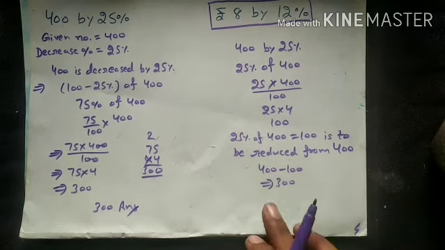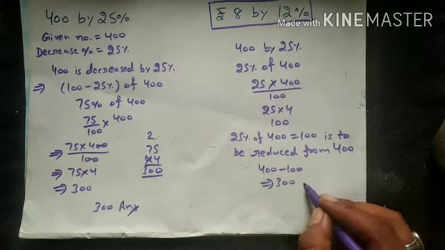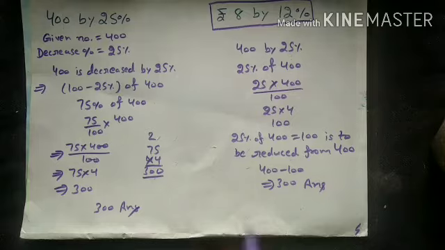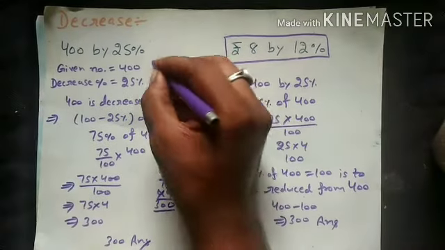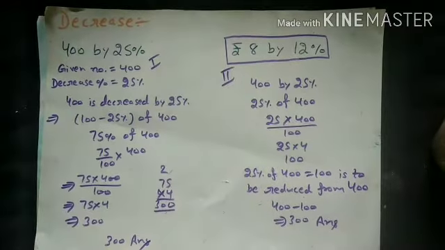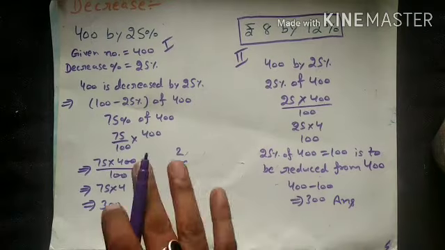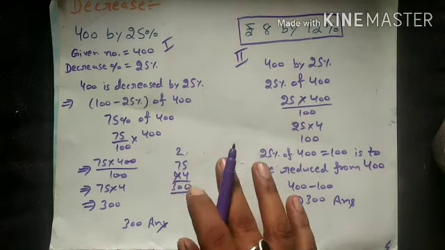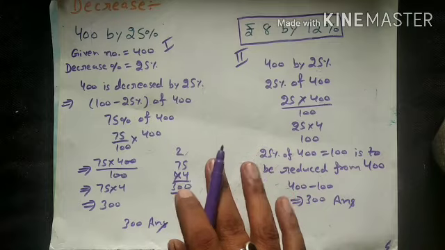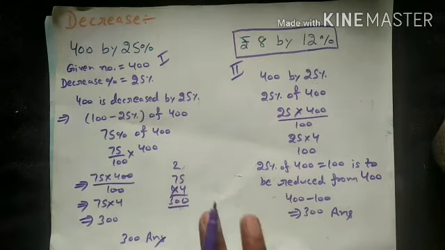So student, in this case also you got the same answer. So this was the first method and this was the second method that I have explained in this video. Now you can understand how we can find the result when a number is decreased as per given percent.